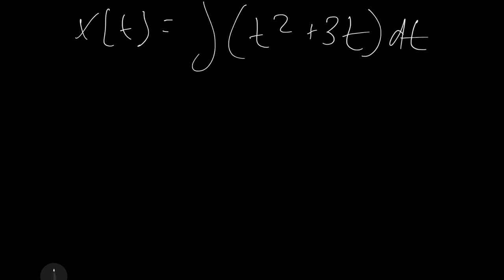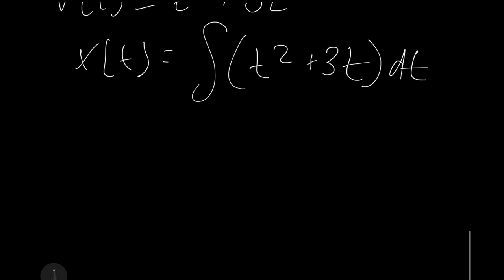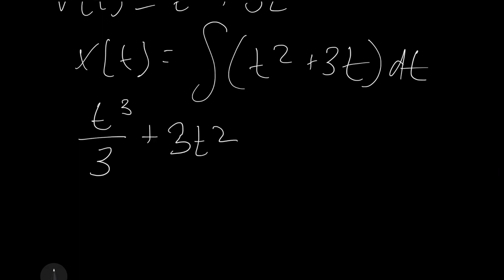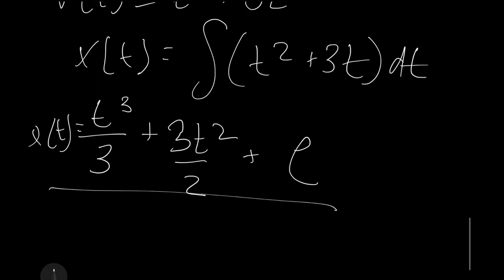Hopefully you know basic integration rules. This would turn into t cubed over 3 plus 3t squared over 2 plus c. So if you're given specific bounds, you can plug those in. You don't need c. But in this case, you do need c, the constant.